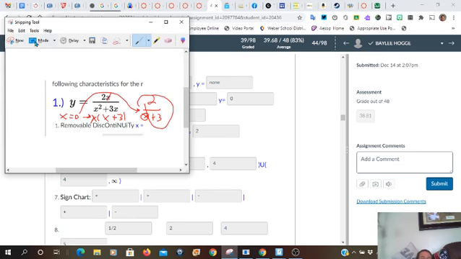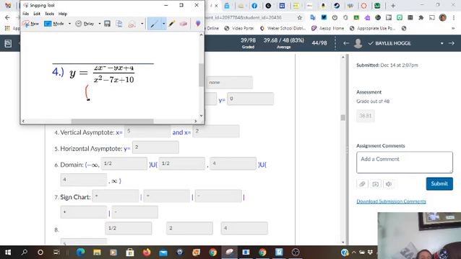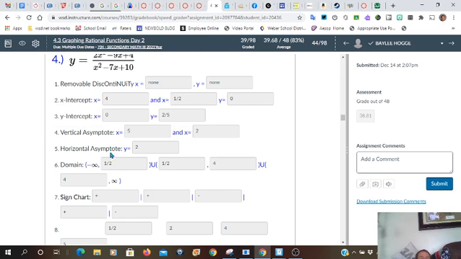So if we take a look at this problem here, what does the bottom factor into? The bottom factors into x minus 2 and x minus 5. 2 times 5 is 10, and a negative times a negative is a positive. So the domain is all real numbers except our vertical asymptotes, which are 2 and 5. So the domain should be negative infinity to 2, 2 to 5, and 5 to infinity.